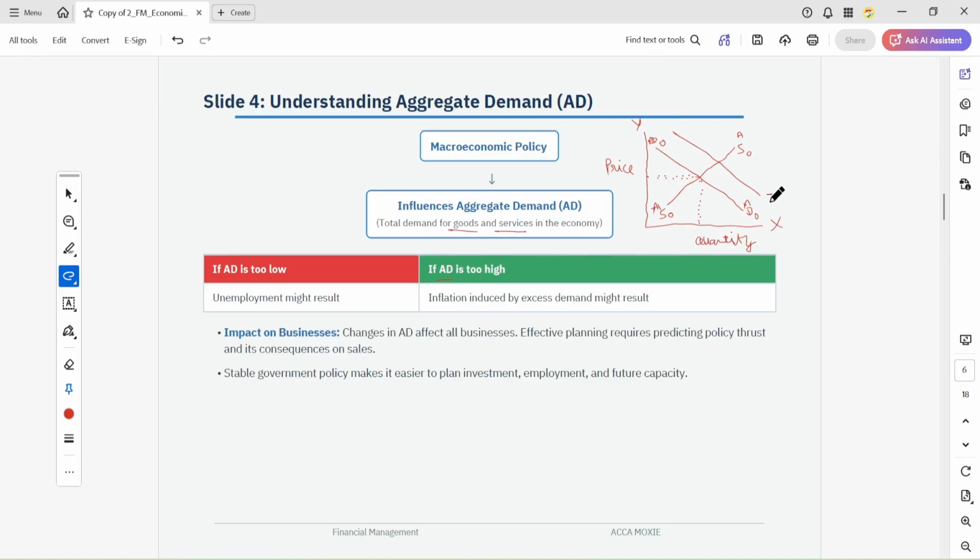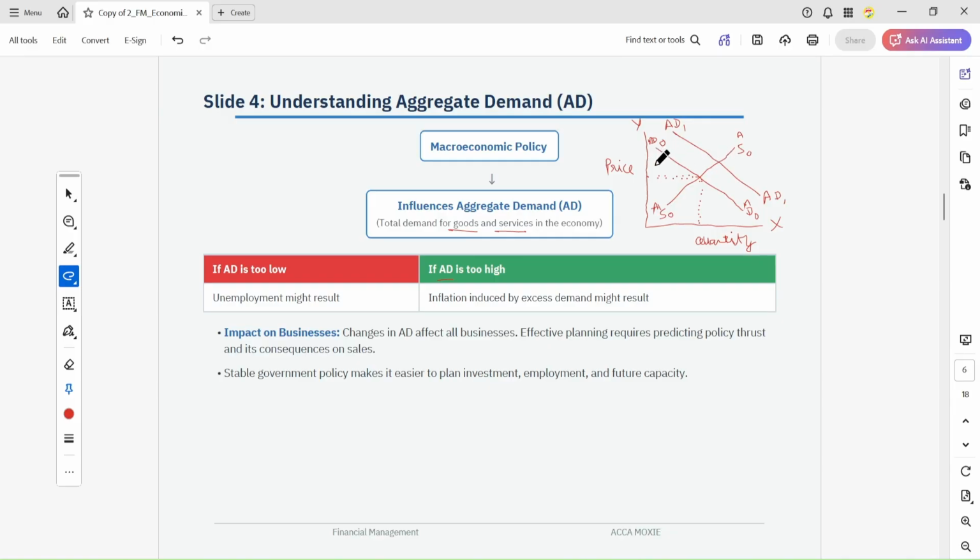What does it mean? It means the economy is growing. When the economy grows, the demand for goods and services grows. So this is AD1. When the economy grows, the aggregate demand will grow.